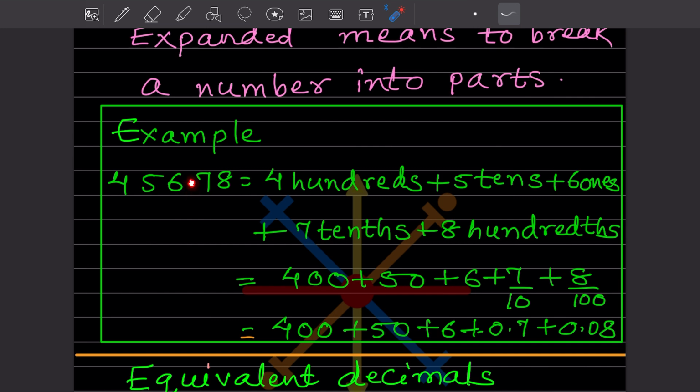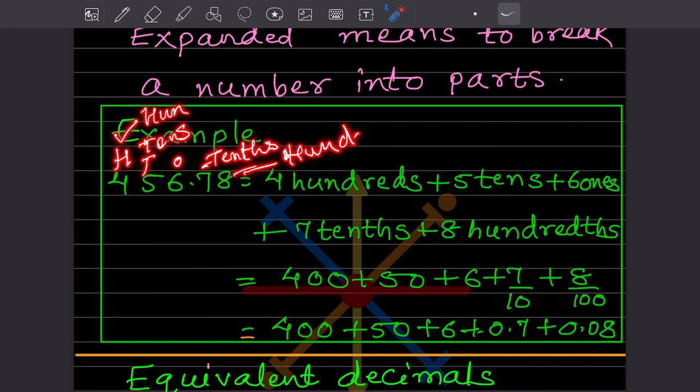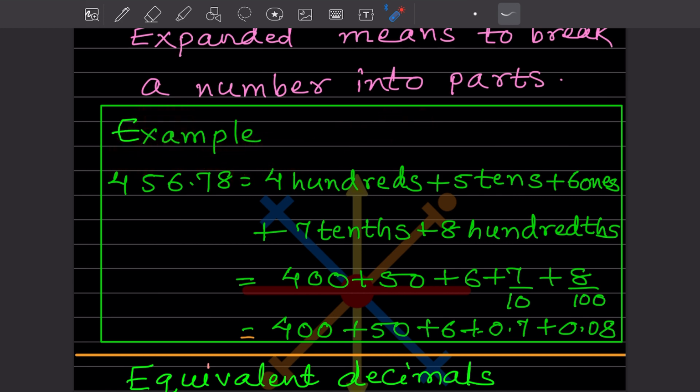Before the decimal point it is ones, tens, hundreds. After the decimal point it is tenths, and this is hundredths: you just put THS.